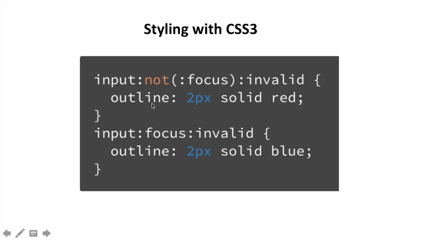You can do outline or you do border, or all of it will work. And in the other case, when everything is okay, it will become blue. So you just add this CSS3 code to your header section, to style, or to an external CSS3 that you link to your page, and it should work perfectly.